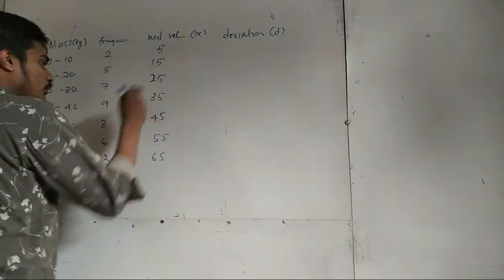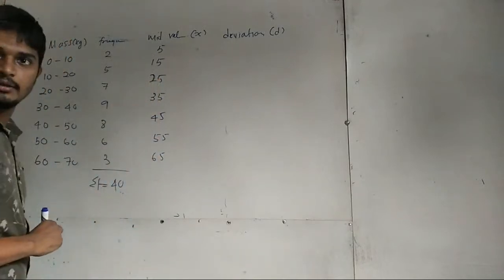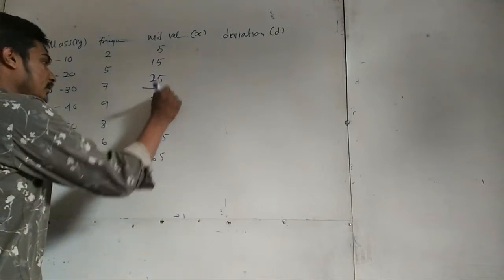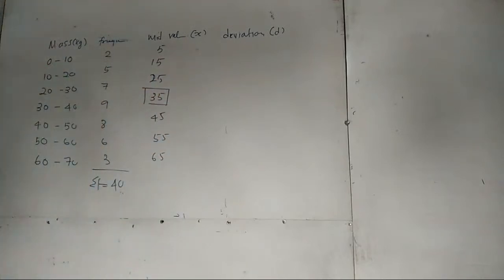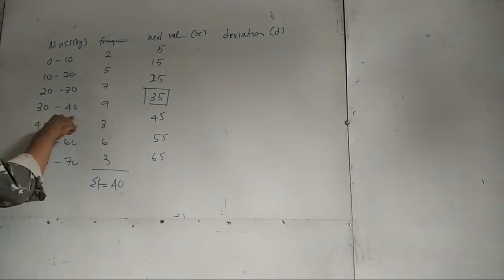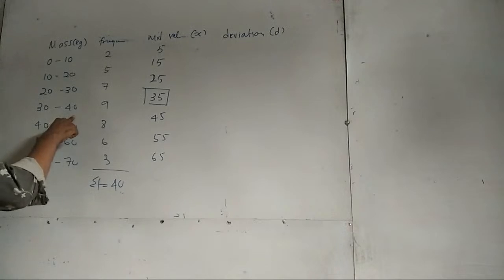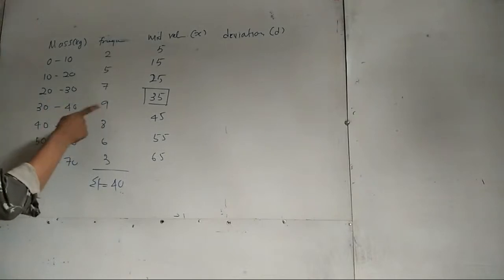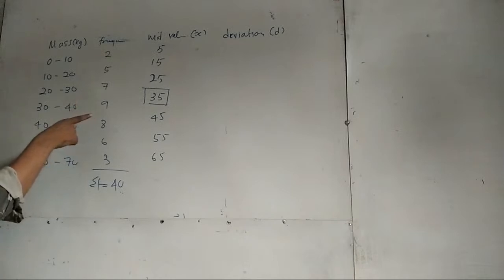For deviation, you select an assumed mean, usually the modal class, the class with the highest frequency. Here the modal class is 30 to 40. You understand what I am saying?